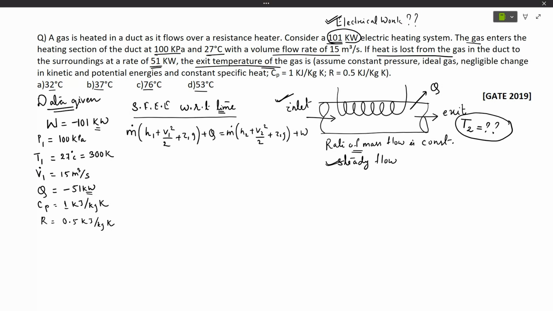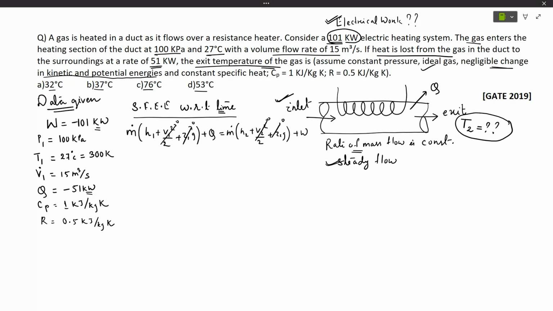But in the question it is mentioned that this is a case of an ideal gas as well as there is negligible change in kinetic and potential energies. So we neglect the kinetic and potential energies from both sides of the steady flow energy equation.